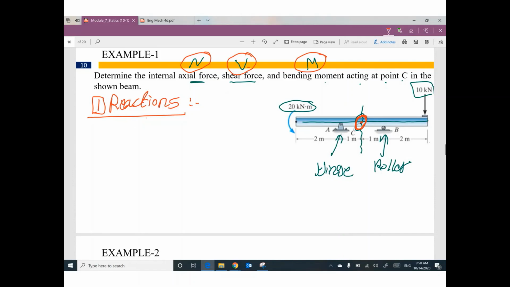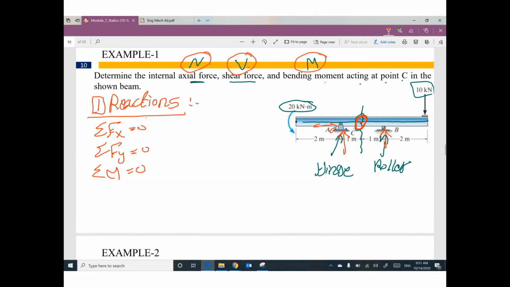So first step, we need to apply to the whole beam summation Fx equals 0, summation Fy equals 0, and summation of moment at any point equals 0, because I have two reactions here since it's a hinge, and one reaction here because it's a roller. So first step, we figure out the reactions.